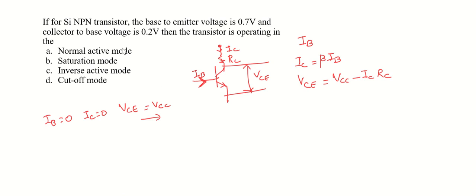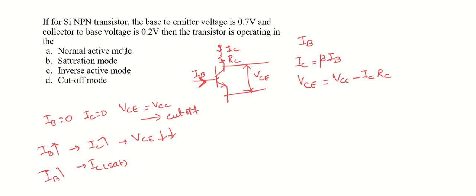This mode we call the cutoff mode in a transistor. When IB starts to increase, IC also starts to increase, and VCE will start to decrease. At some particular point, IC will become saturated. That is, though you increase IB, there will be no change in the IC. That voltage VCE we call the VCE saturated voltage.